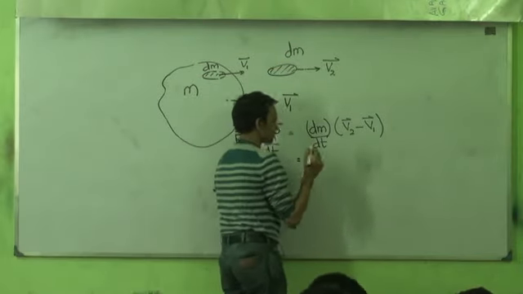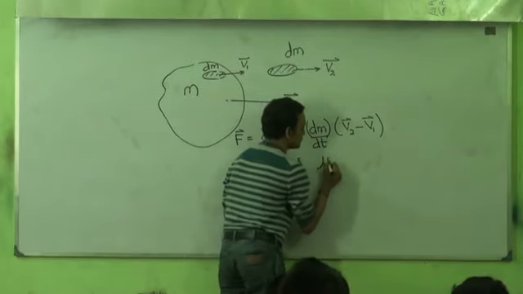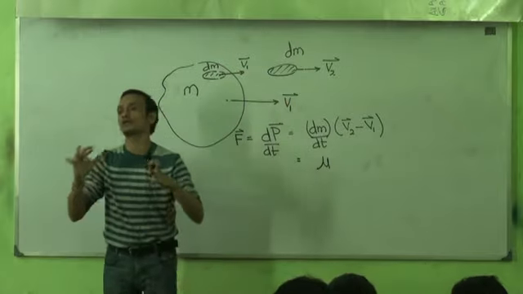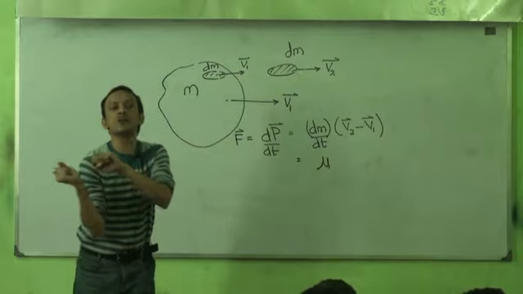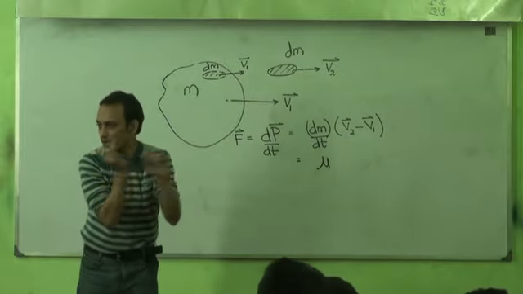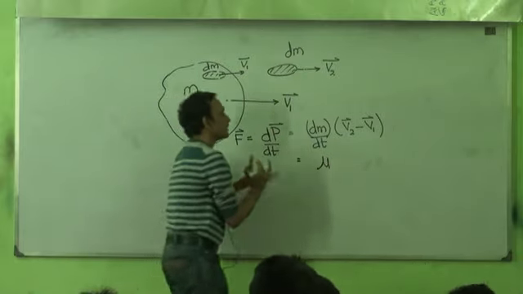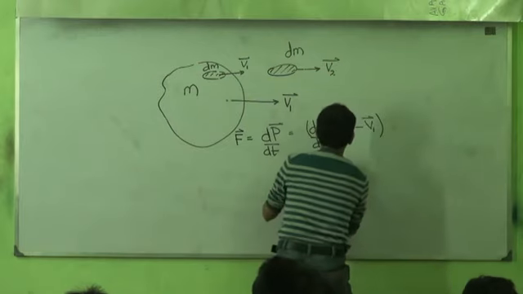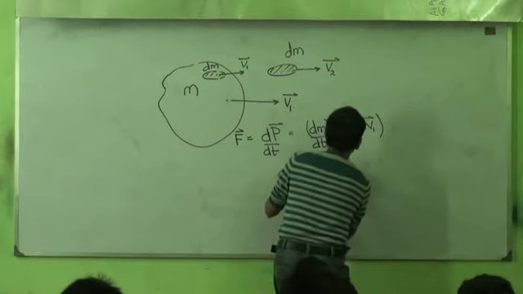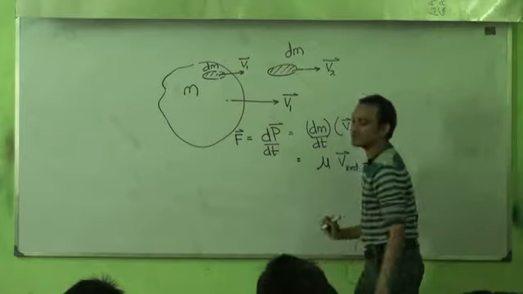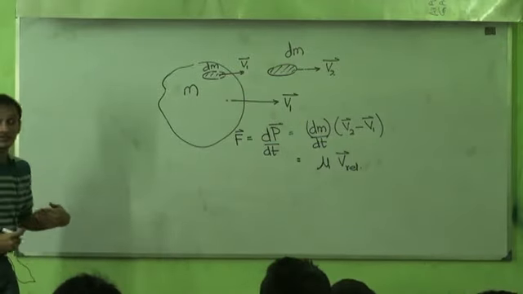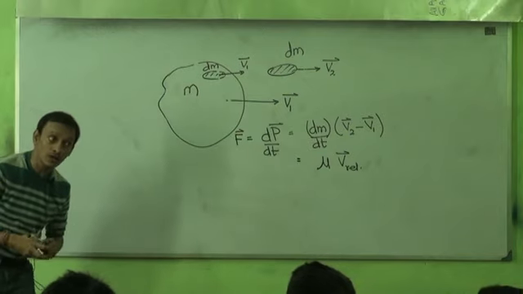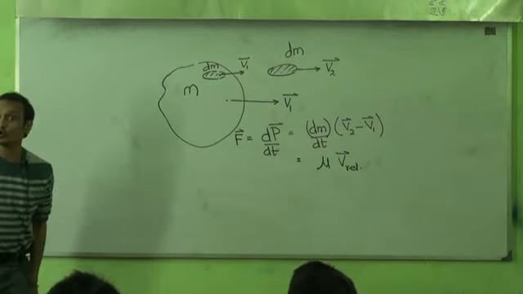This dm dt is looked upon as some mu, in kilograms per second. These many kilograms per second are being expelled out of the system with a relative velocity vrel. v2 minus v1 is the relative velocity of expulsion with respect to the system. Yes or no?